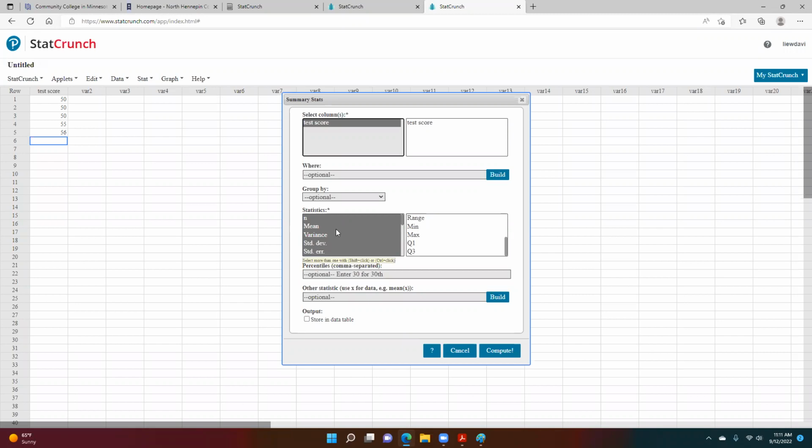Instead, I told my students to click on N first, hold the control button, and press A. Control A means select all. In this case, the mode is at the very end.